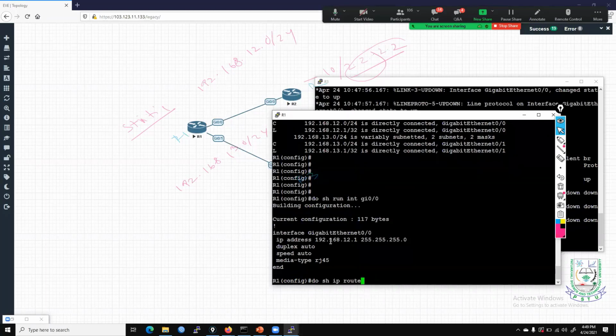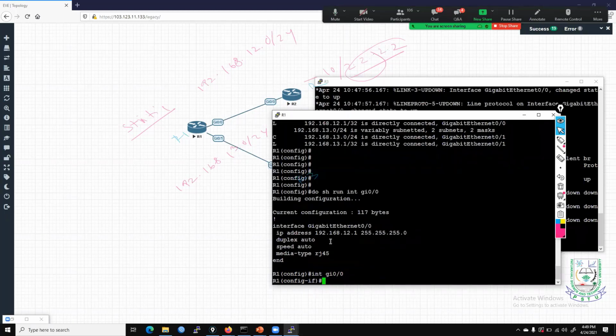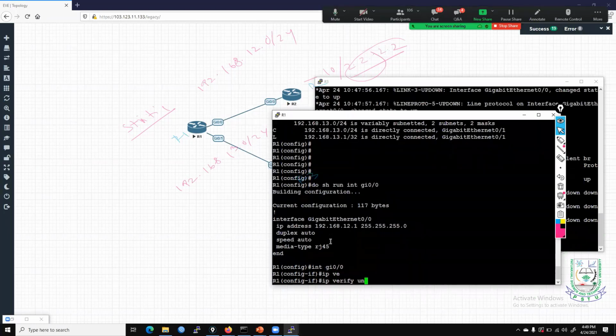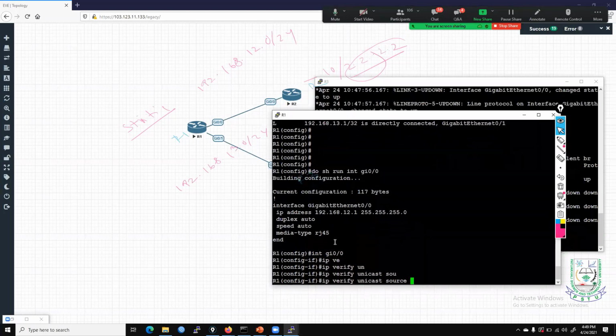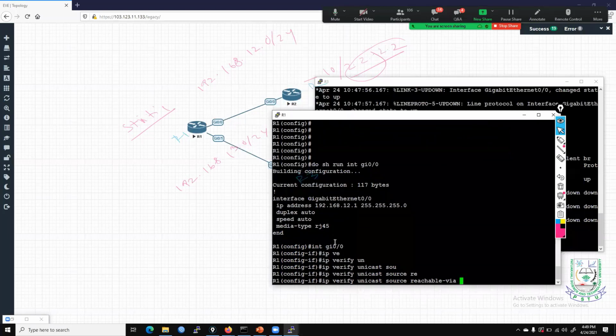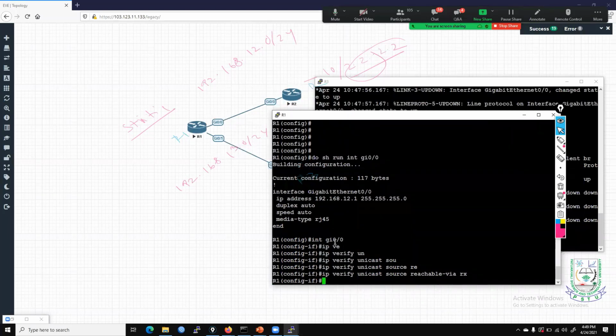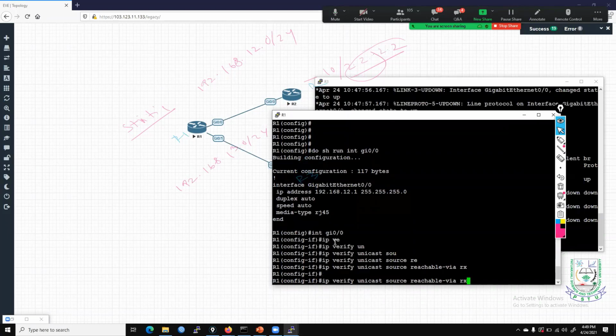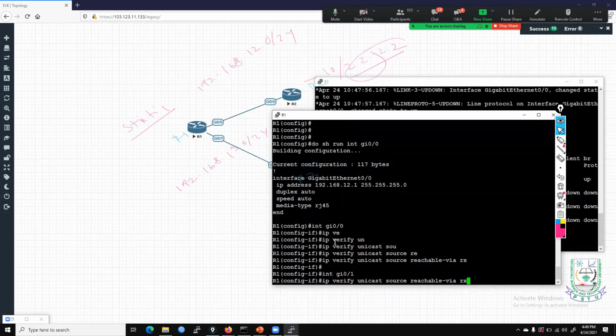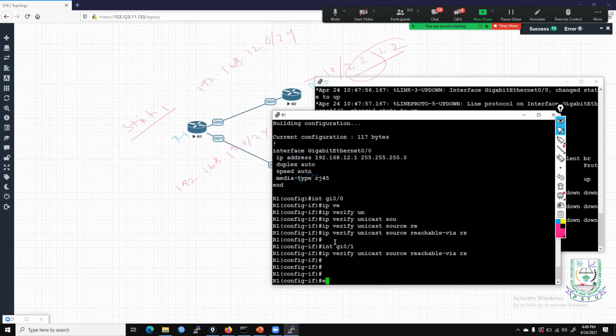Then we have to configure just one thing: interface gig 0/0, the ip verify unicast source reachable-via rx command, and also at gig 0/1.